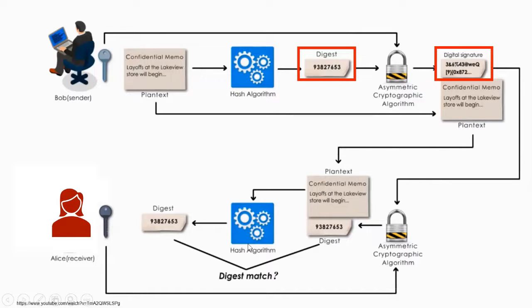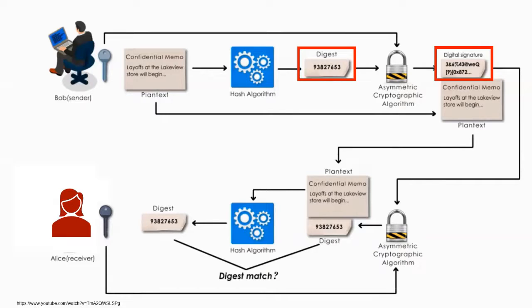The hash algorithm is not something private. Everyone can know what hash algorithm is used. Then they use that hash algorithm to calculate what the digest of the received message is. And they compare both digests. If they are the same, it means that the message was not altered or manipulated on the way. But if they are different, it means that the message is not the original message that was sent.